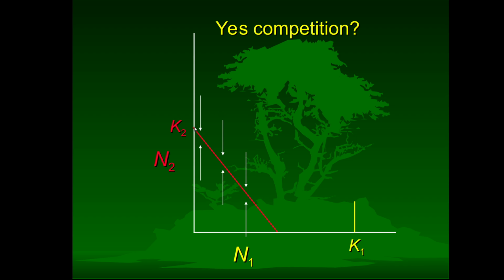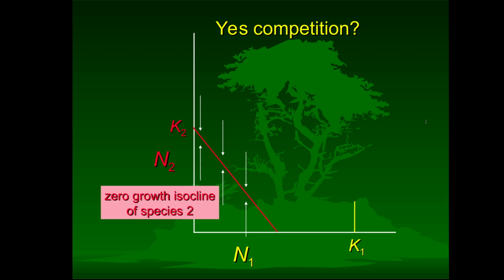So species 2's carrying capacity is a line, not a point, that depends on the number of individuals of species 1, N1, its population density. So just a note, parenthetically, the concept of carrying capacity now becomes a bit ambiguous. We can now think of two kinds of carrying capacity. K2 is the potential carrying capacity of species 2. It's the maximum possible carrying capacity in the absence of the competitor.